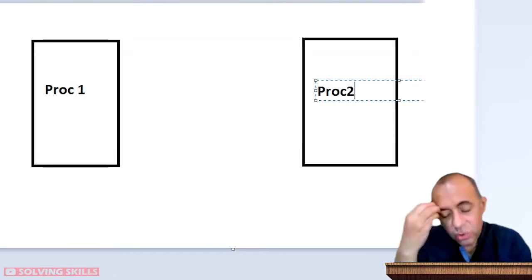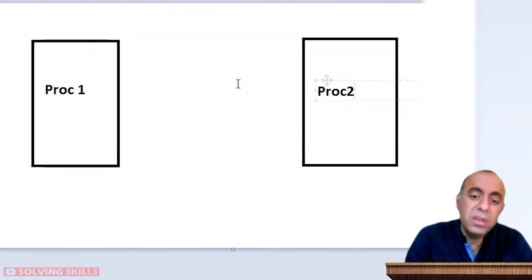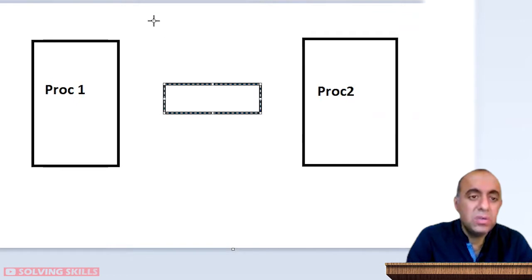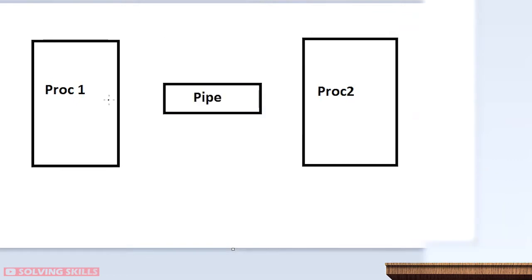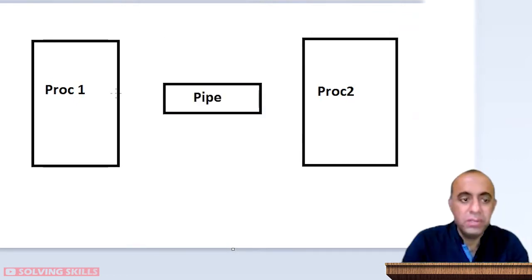Normally in shell mode, these are running one after the other. So let's say that process two is run after process one finishes running, and what happens is there is something called a pipe. Every program, normally in shell mode, generates an output, right? So process one is generating an output which we're sending to the pipe, and that pipe is receiving that output from process one and sending it as input to another program.